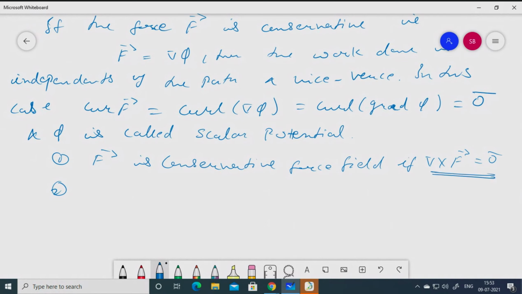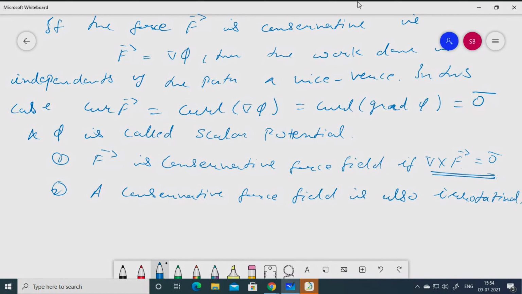From this result, if curl of f bar is 0 bar, then f bar is a conservative force field. And related to curl, you have already learned about the irrotational part. If curl of a vector is 0, then the vector is said to be irrotational. Is it or not? So you can say a conservative force field is also irrotational. It is also irrotational. Okay.